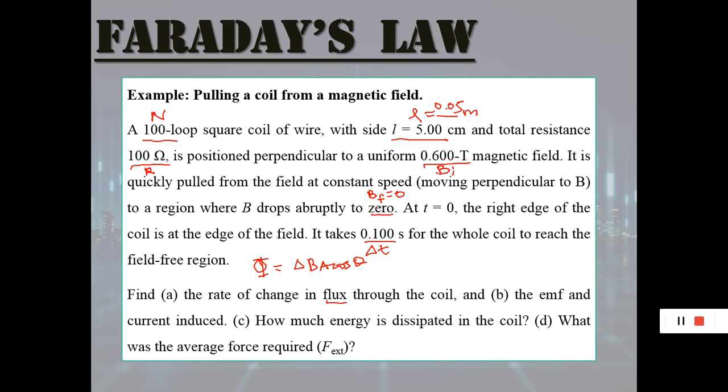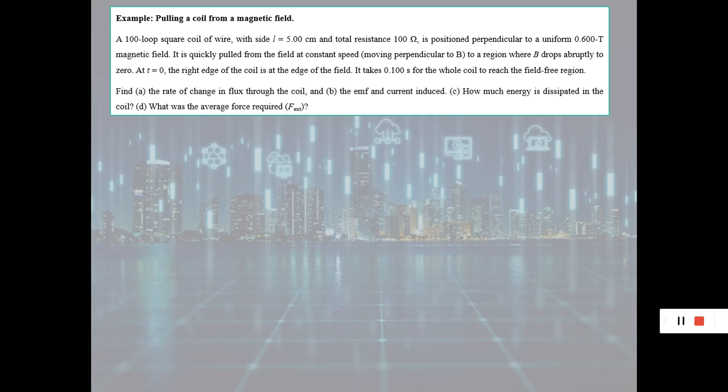If you notice in this question, the change is about the magnetic field. You can see that the magnetic field abruptly goes from 0.6 to 0. So this is the change in B. So for this question, you put here the change in B, A cos theta.